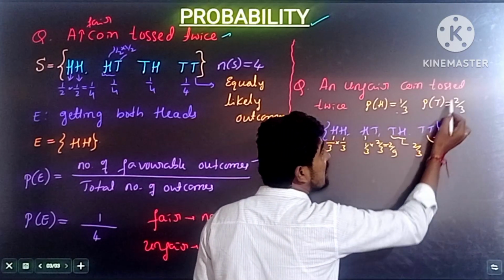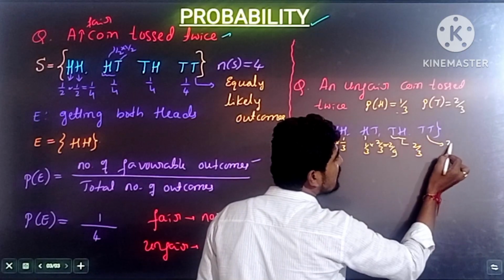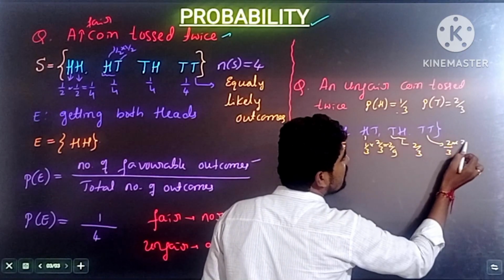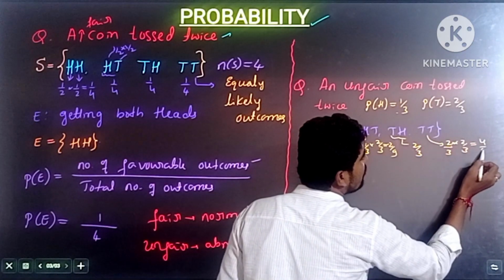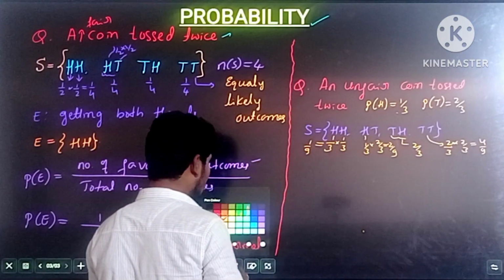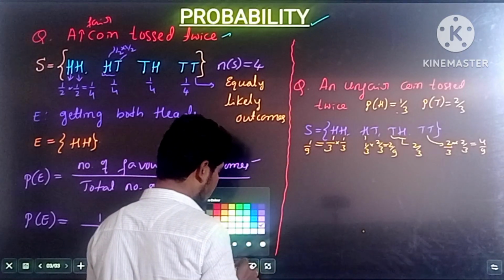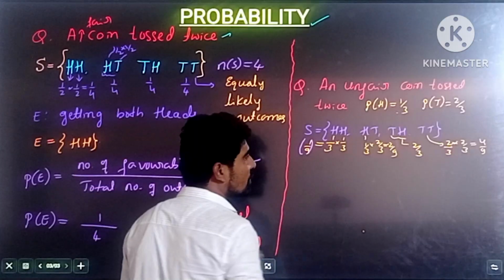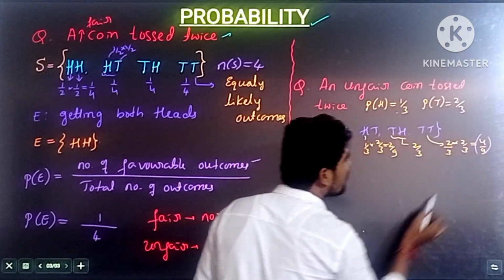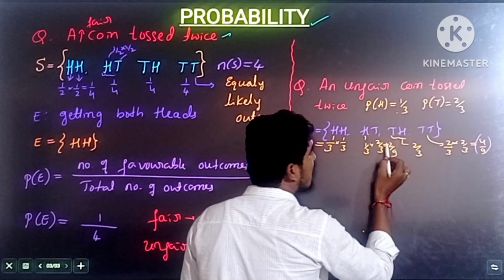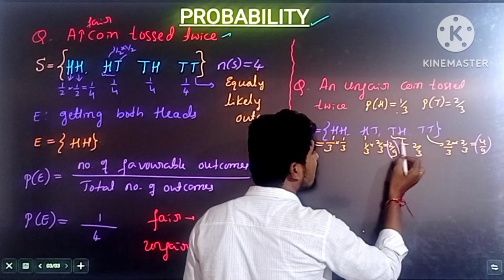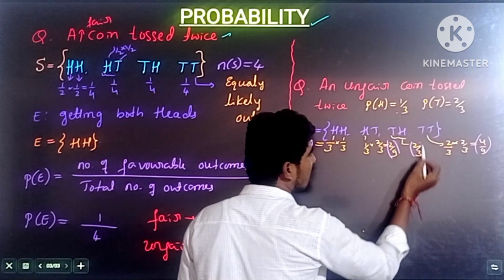And the probability of getting tail tail is 2 by 3 into 2 by 3, which is 4 by 9. So observe here, head head is 1 by 9, tail tail is 4 by 9, tail head is 2 by 9, and head tail is also 2 by 9.